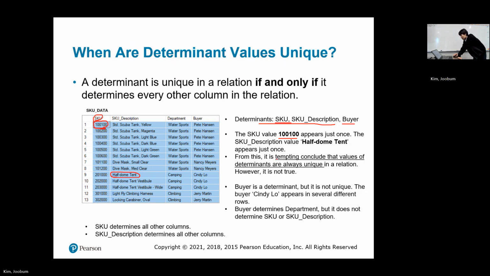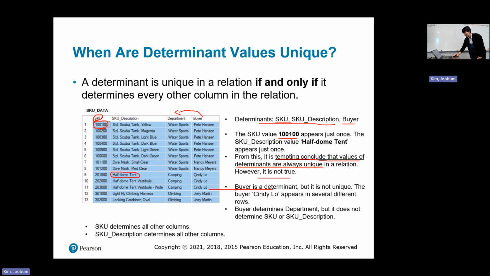So you might conclude that the values of the determinants are always unique in a relation, but that is not always true. The reason is that the buyer is a determinant that determines the department, but it's not unique.